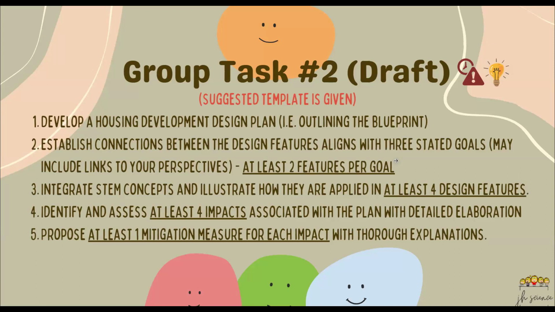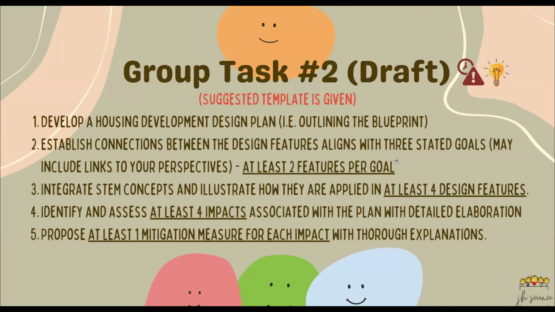Out of the minimal 6 that you have come up with, you should apply STEM concepts to explain how at least 4 of them are linked to STEM. Choose at least 4 design features out of the many you have decided on. Explain how they are working, how they are allowing you to address the goals, by linking them to science concepts, engineering concepts, math concepts, and technology concepts.